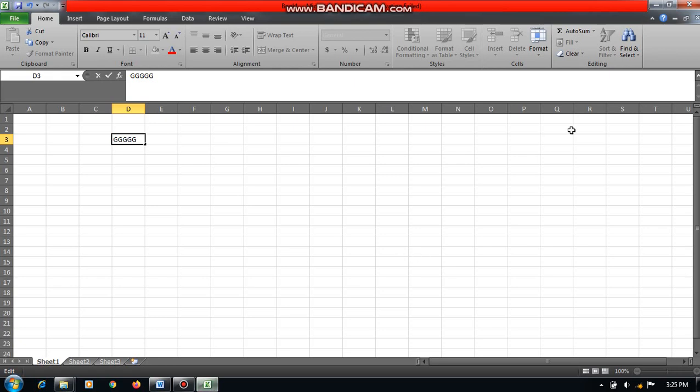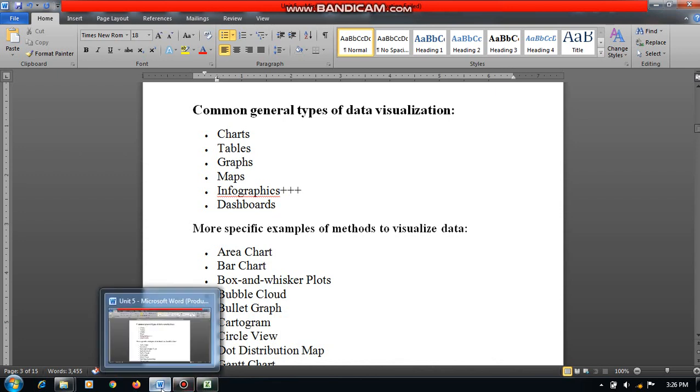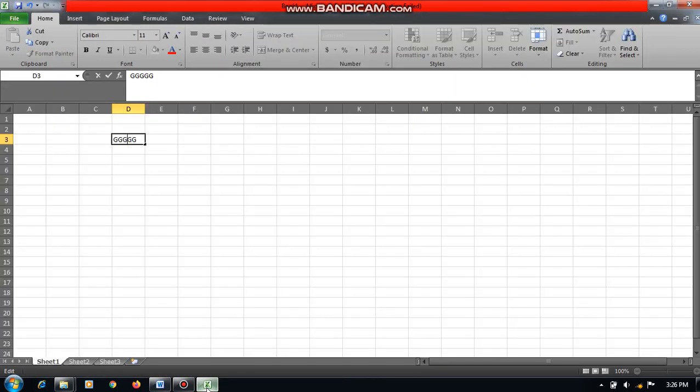So this is one of the graphical representations or table data conversions. This is your data visualization. A table is one of the methods of data visualization techniques. So we have covered the table here.